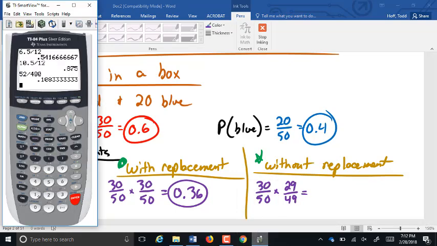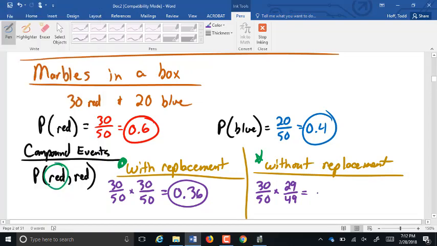So that is 0.3551 instead of 0.36 probability.